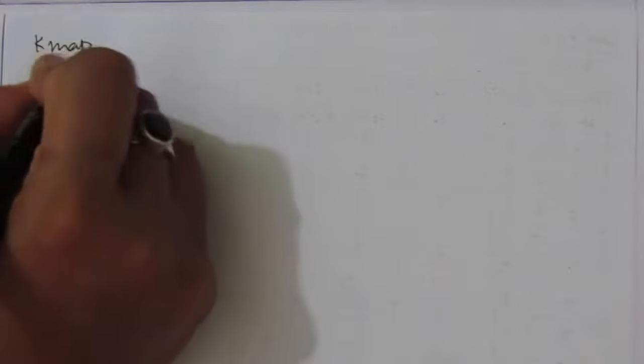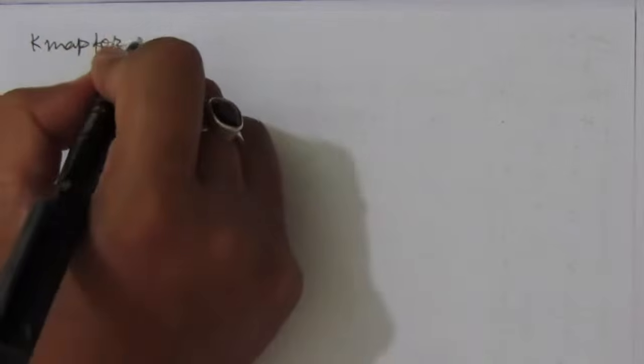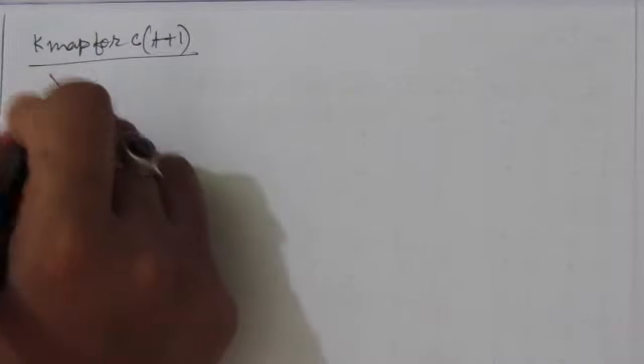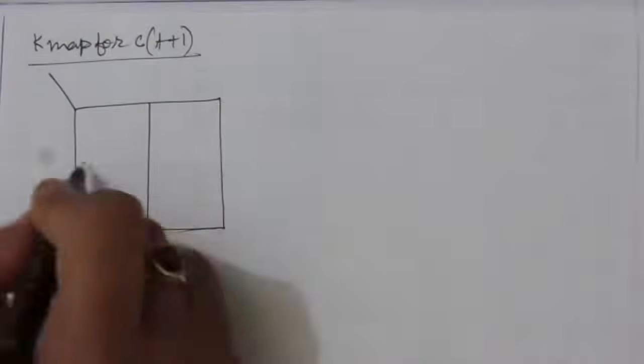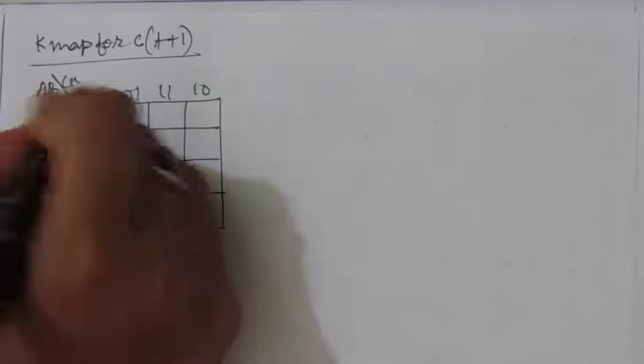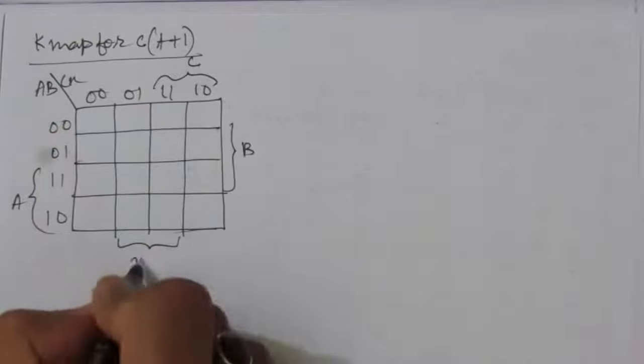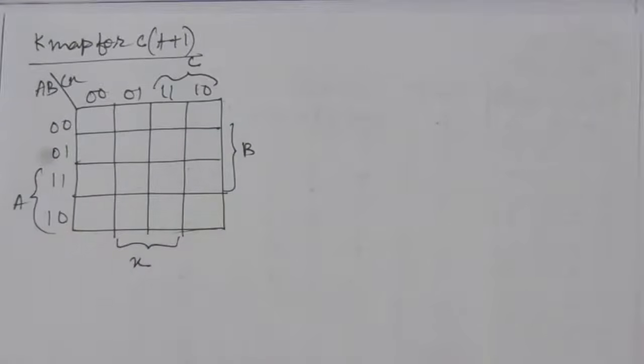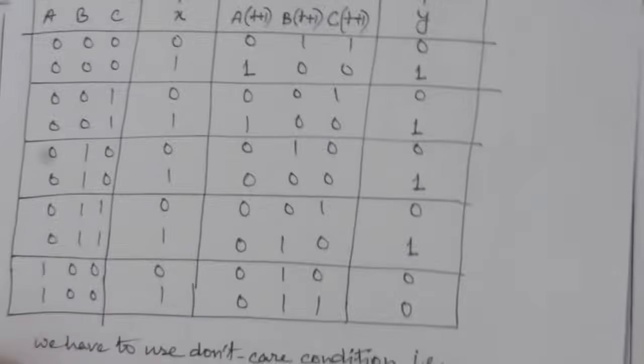Now we have to find out the expression for C of t plus 1. K-map for C of t plus 1. Okay, let me draw here itself. So we have to fill up this K-map with C of t plus 1 values.